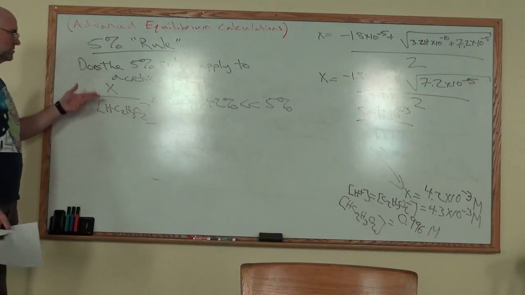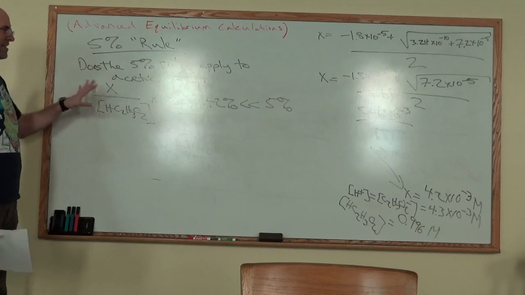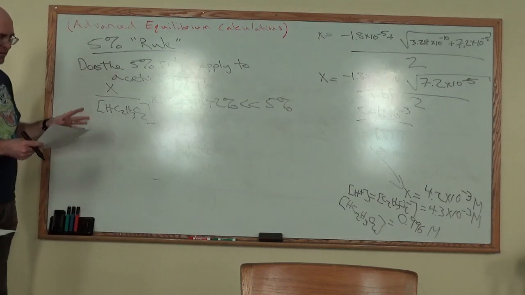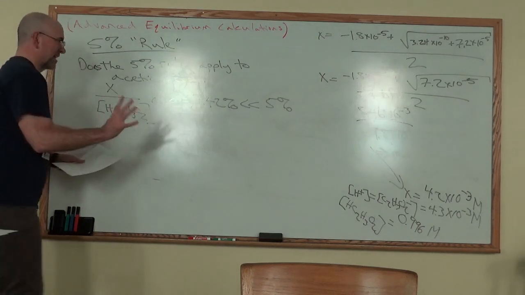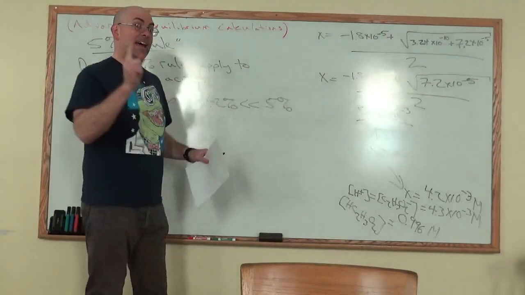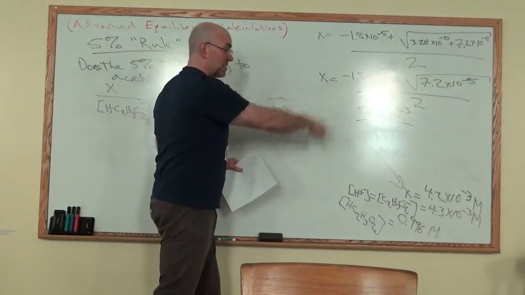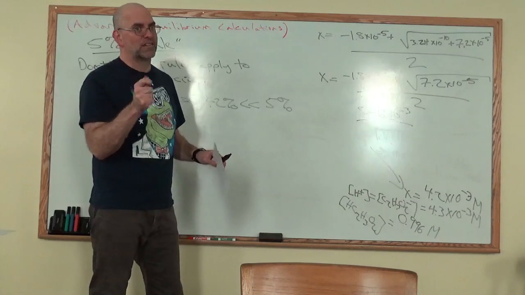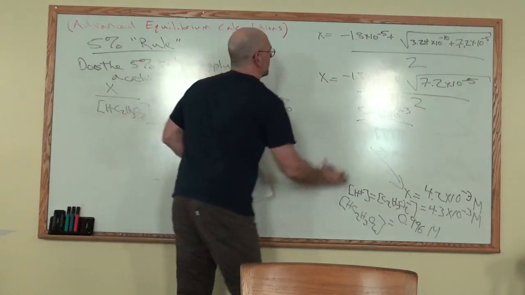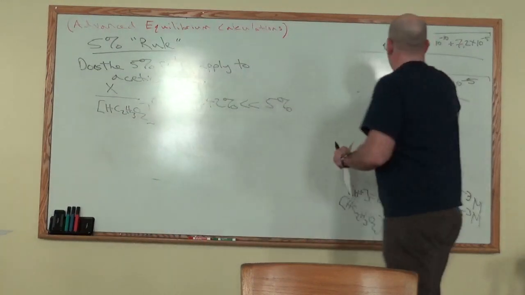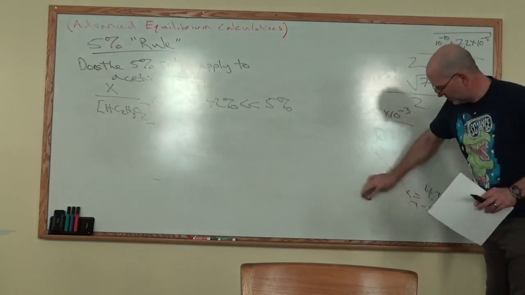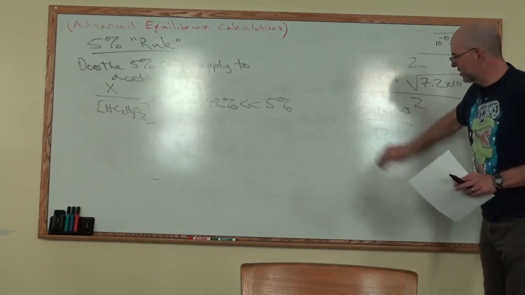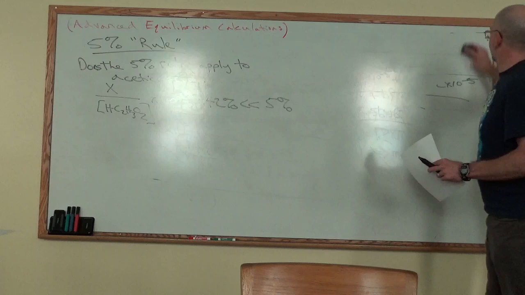So x is really, really small. That doesn't really help us with this problem. What I'm going to do is show you how that applies to math, and how that assumption makes this math much, much easier in some cases. We're going to do this a lot, actually.